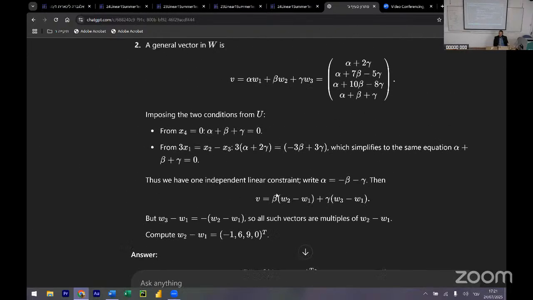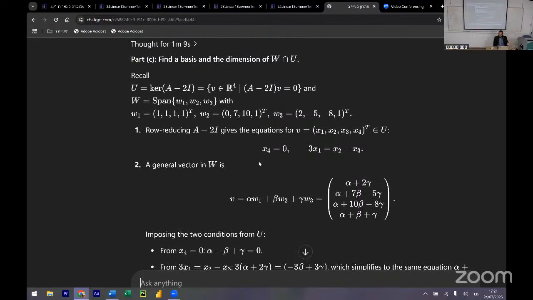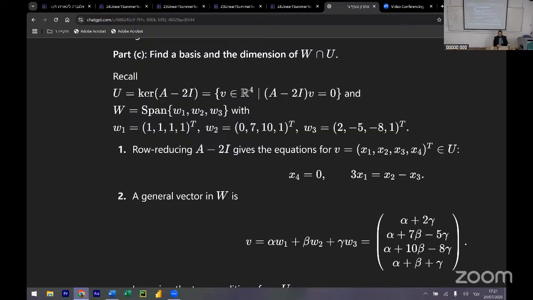That's what working out compared to what we did. A lot of times it doesn't show its calculation. So let's read it and see if it was a quicker way than we did it. I doubt it, but it could be. So first of all, in one sentence, he did something I explained a lot, that U is the null space of A minus 2I, fine.